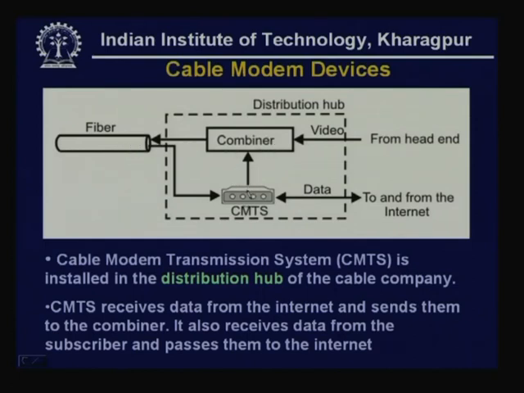That means the downstream signal is combined and goes to the user, and the signal which goes to the internet comes in this direction and goes to the internet. So, this is how the communication takes place. That means CMTS receives data from the internet and sends it to the combiner, and it also receives data from the subscriber from here and passes it to the internet. So, CMTS does communication in both directions.